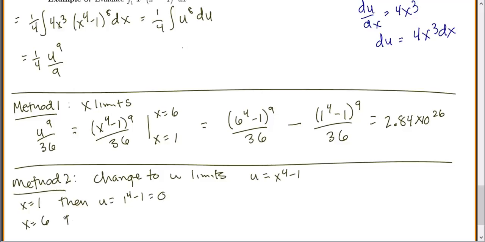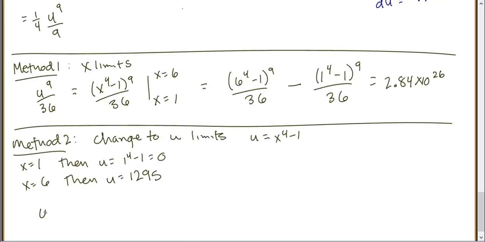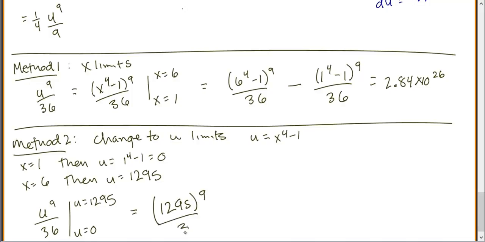And if x equals 6, then u equals 1295. So we have u to the 9 over 36 evaluated from u equals 0 to u equals 1295. So we're going to have 1295 to the power of 9 over 36 minus 0 to the power of 9 over 36.